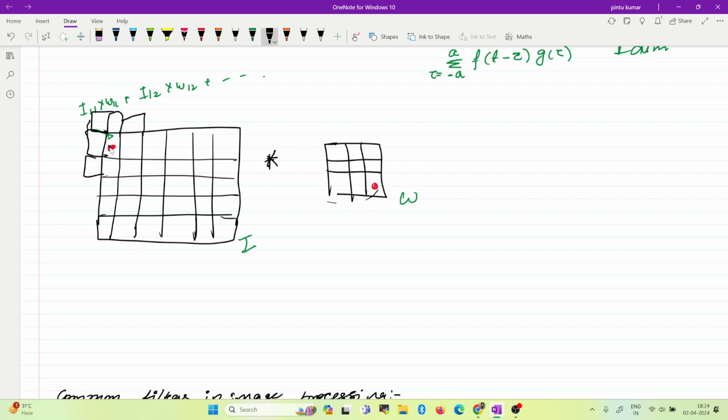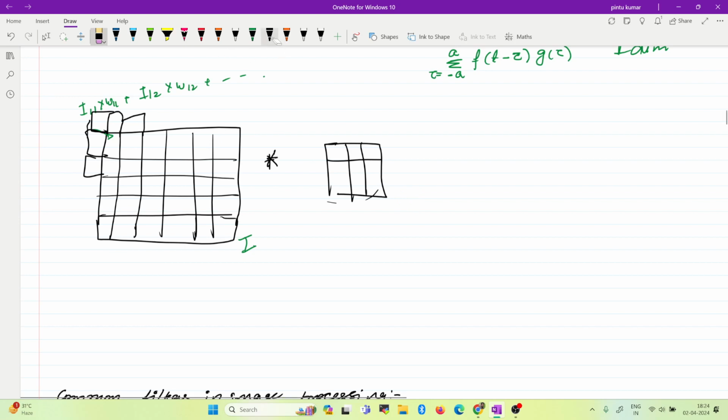Then this point would be mapped to this point, this green point over here would be mapped to this green point, this orange point would be mapped to this orange point, and so on. Then you multiply them with each other and add them up to get your convolution. This will be clearer when we do some examples later on.